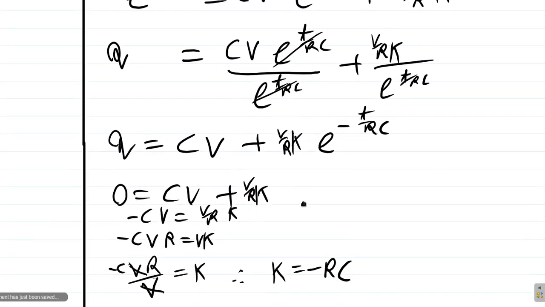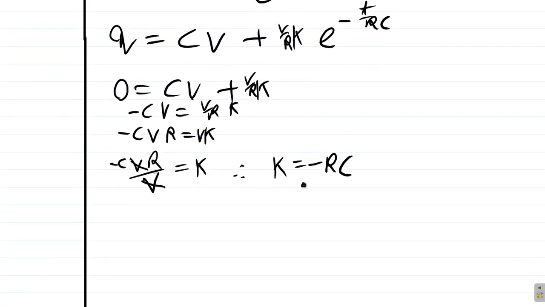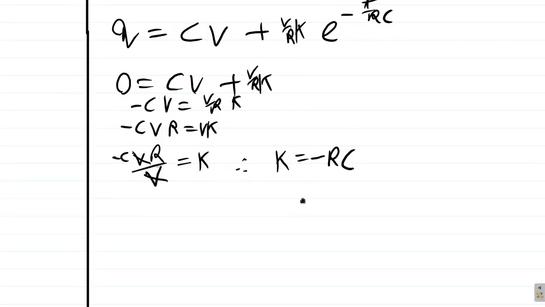So in this case, this being the case, right, when you rewrite everything up here, you would have Q equals CV plus V over R times K, right?